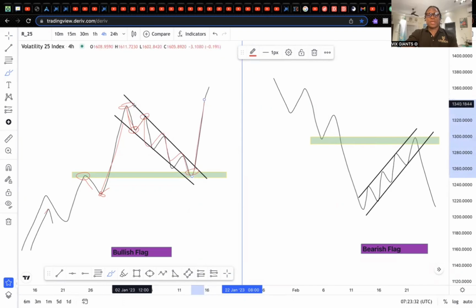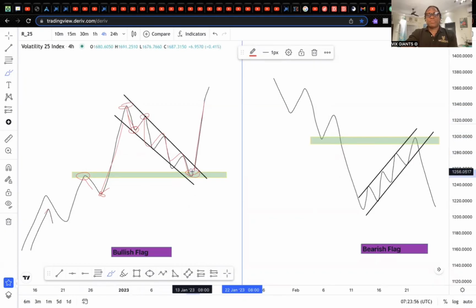So if we drop a trend line on the top and on the bottom, you will see we have a little bearish channel. This bearish channel takes us back to the zone that we're looking to buy from. Which is only right, because we're in an uptrend, the market broke a previous resistance area.